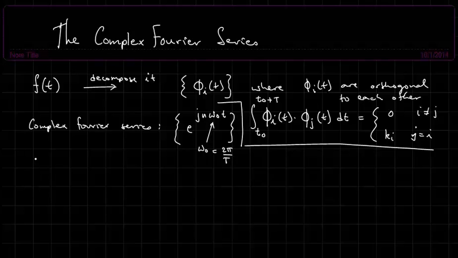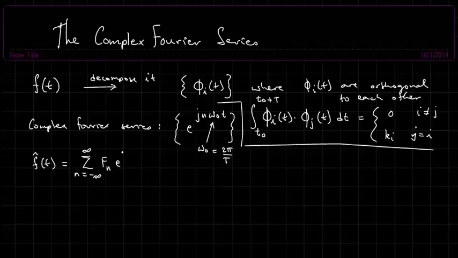So we'll describe this approximate function as f hat of t, a weighted sum of all of the basis functions. So we have a weighting factor. We'll call it f sub n, and we're going to sum from minus infinity to infinity.